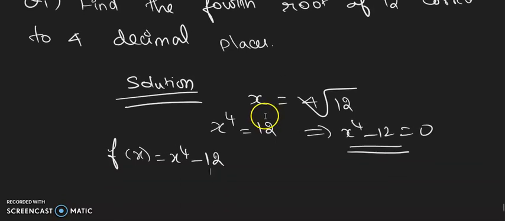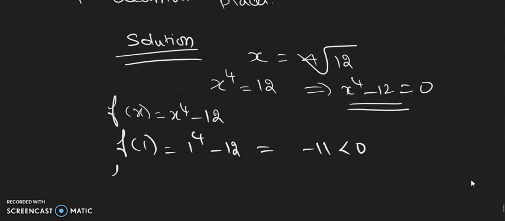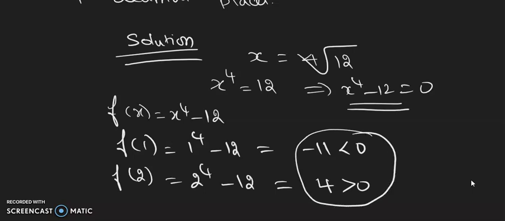Now, I am going to substitute a few values. For example, if I substitute 1, 1 power 4 minus 12 is minus 11, which is less than 0. Similarly, if I substitute 2, 2 power 4 minus 12 is 16 minus 12, which is plus 4, greater than 0. So I got two values: one is less than 0, the other is greater than 0.